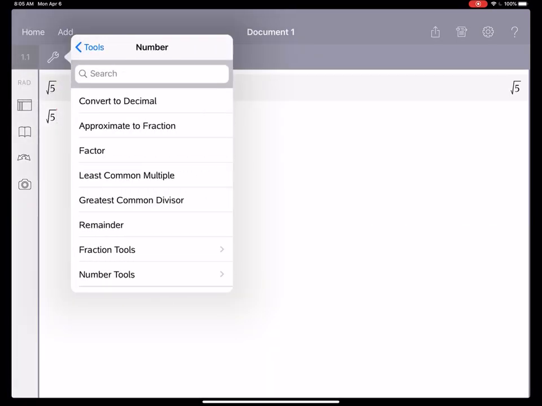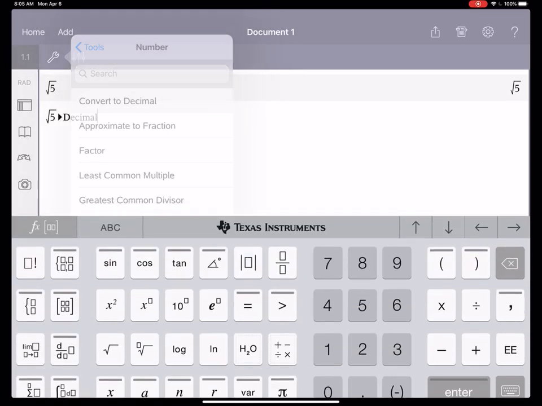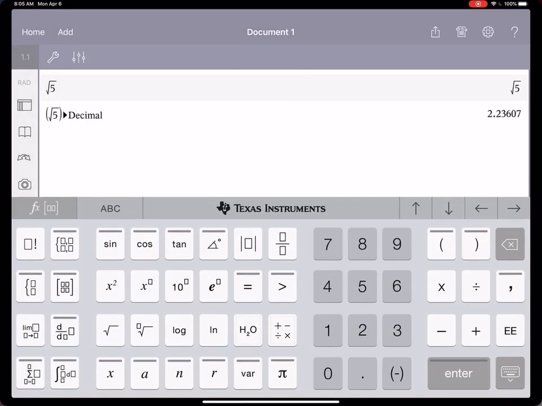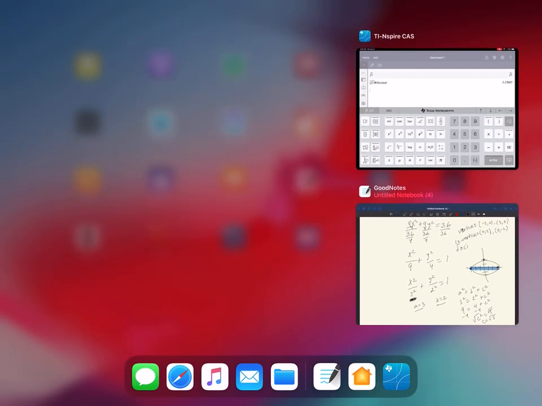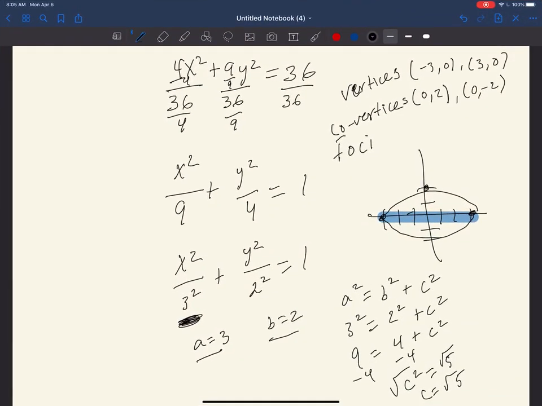Number, and I want to approximate to a decimal. So it's about 2.23. So a little bit over 2. So one of my foci will be there and the other one will be there. And I'm just going to label them individually as focus.